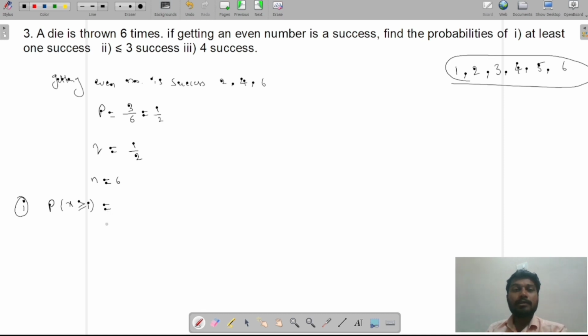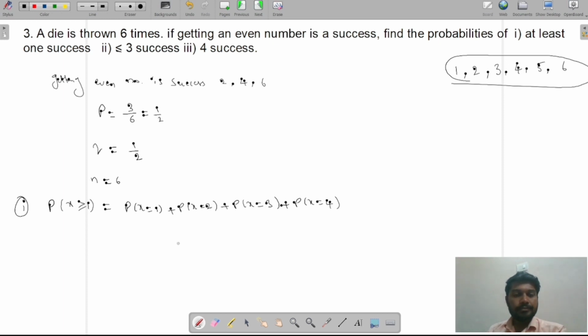So what are the values of x here? 1, 2, 3, 4, 5 and 6. So I can denote it as P of x equal to 1 plus P of x equal to 2 plus P of x equal to 3 plus P of x equal to 4.